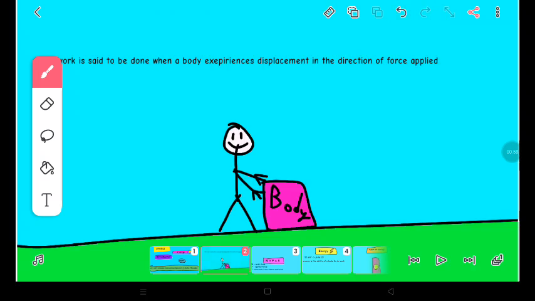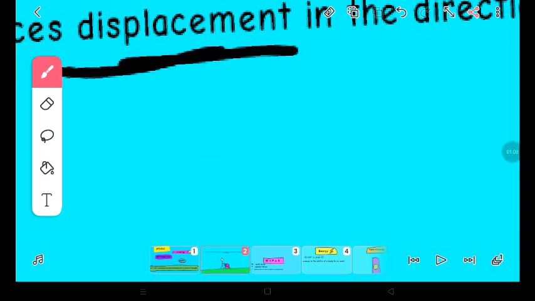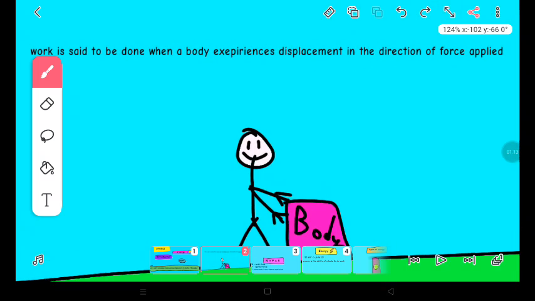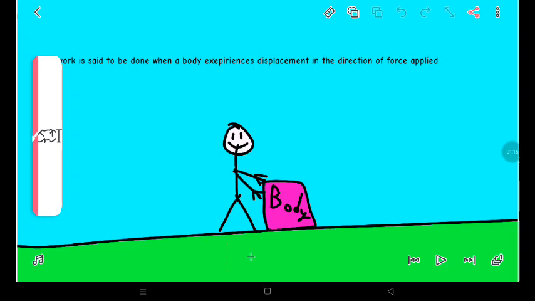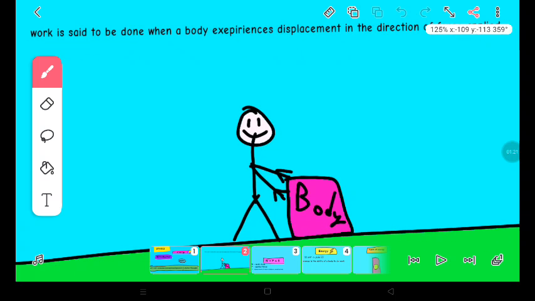Eyes are bodies in physics. Box is body in physics. Humans are bodies in physics, etc. And displacement means like a movement. So in simple words, work is said to be done when anything experiences movement in the direction of force applied.